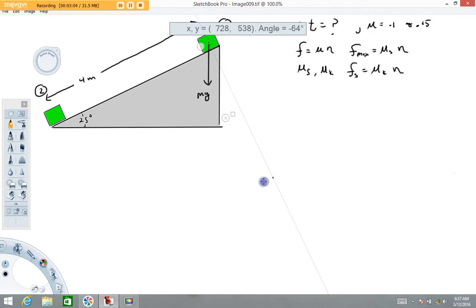We want this to make a right angle, so I think that'd be 65, yeah. And again, that normal can act anywhere along this line, so I'm going to draw that normal force right here. We also have a frictional force acting at this surface, so I'm going to put a force vector in for that.